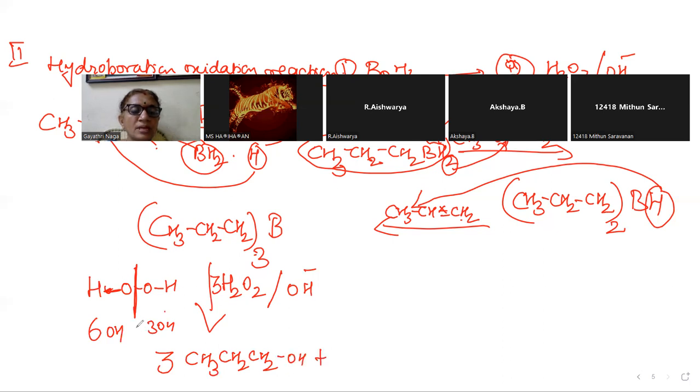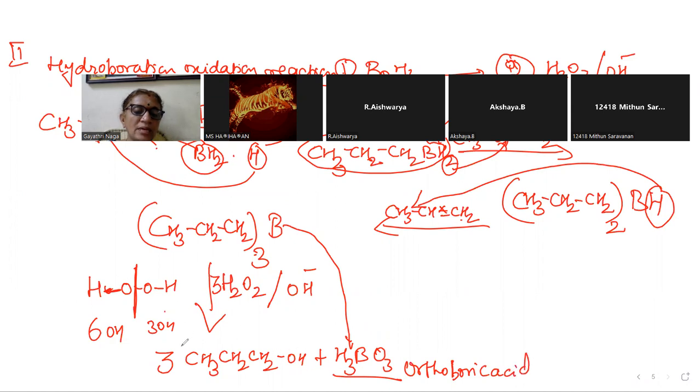Plus the other 3 OH, you write it this way, H3O3, and in between the two, you sandwich this B. So the other product is orthoboric acid. It's a byproduct, H3BO3. And the main product is propan-1-ol.